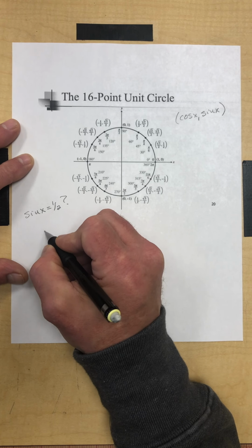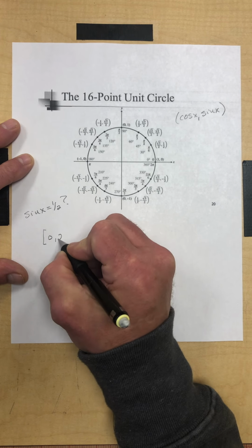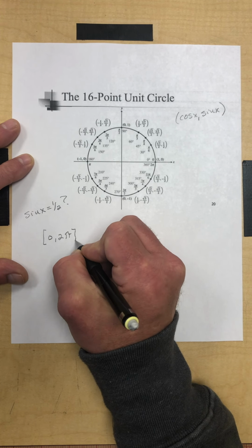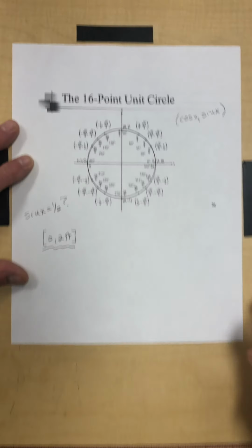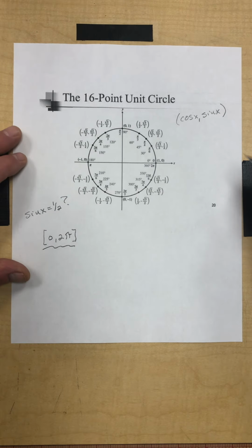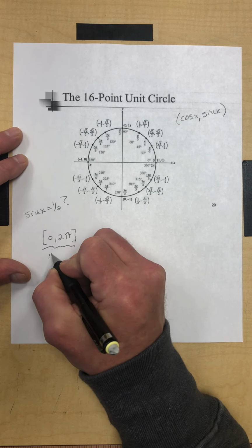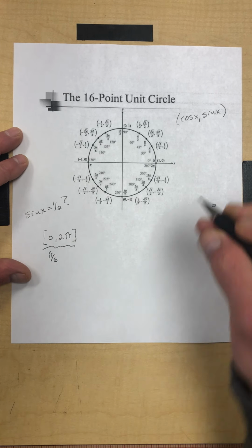So let's just solve this on 0 to 2 pi. My solution's there. All I have to do is look at where my y coordinate is 1/2, and notice that happens at pi over 6. So pi over 6 is one solution.